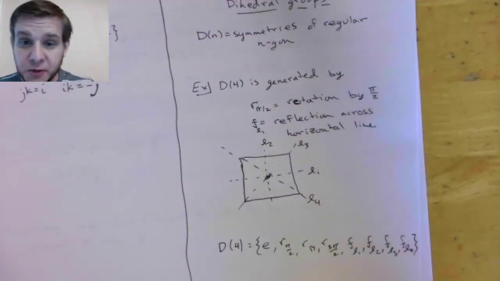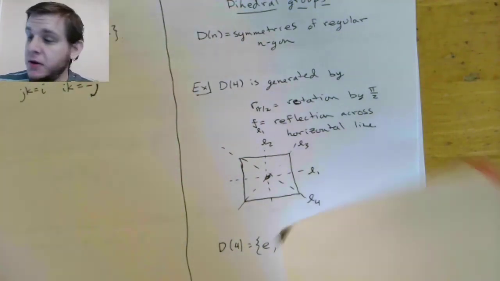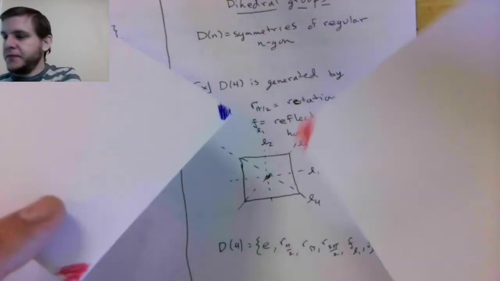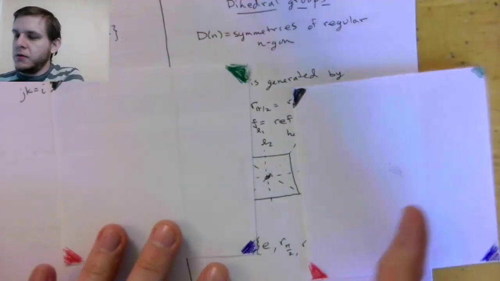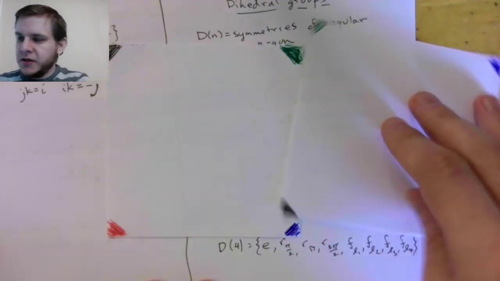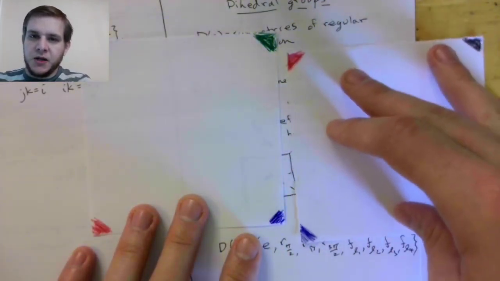So what's the full set of elements? Well, I can take all possible rotations. Here, let me get these configured in the same way to start. If I rotate by 90 degrees, I can also rotate by 180 degrees or 270 degrees.